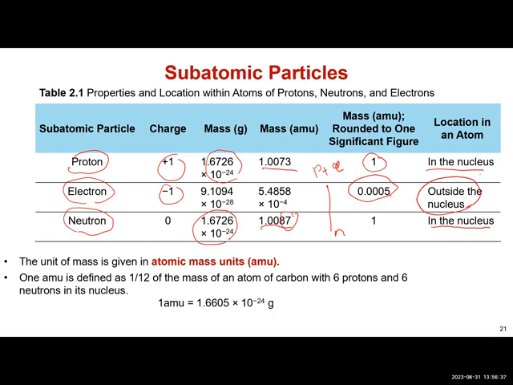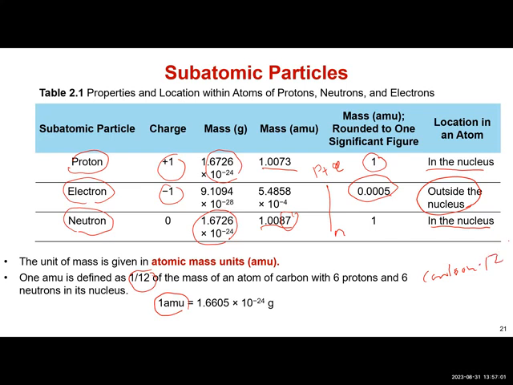To express the mass of subatomic particles, you use the atomic mass unit. Atomic mass unit is defined as 1/12 the mass of a carbon-12 isotope.